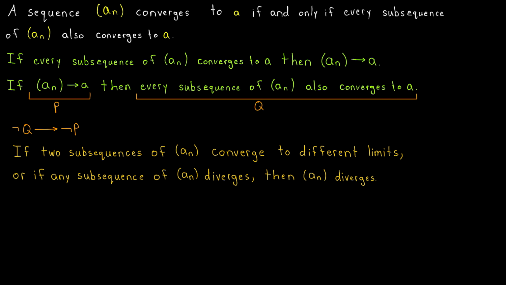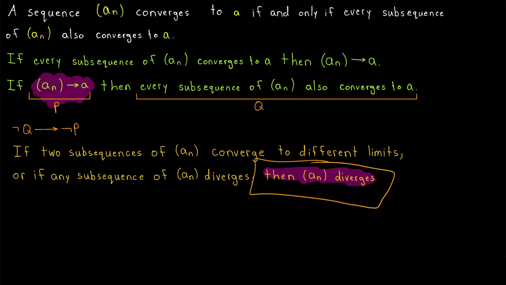The contrapositive: not Q implies not P. It ends with not P, which is pretty straightforward. This statement, a_n converges to A, what that really means is that a_n converges to some real number that we're calling A. So the negation of that is that a_n doesn't converge to any real number, which means a_n diverges.